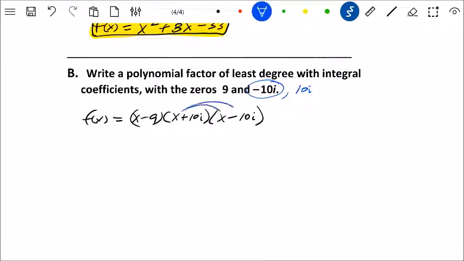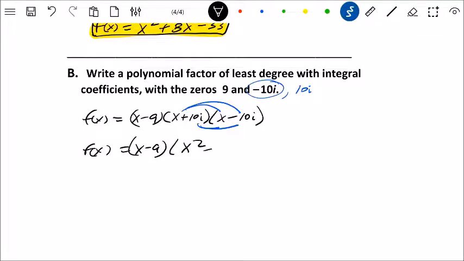Now by multiplying these first, I will get a simpler equation overall, because I'll get x times x is x squared minus 10ix plus 10ix. There we go. All that easier to see here. Minus 10ix plus 10ix.